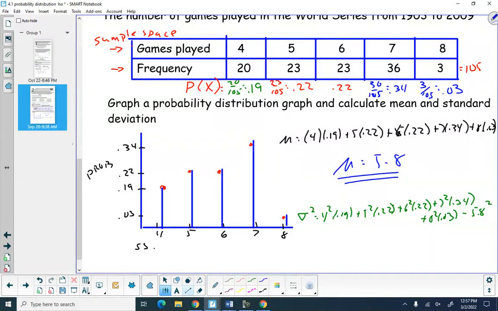This comes down to 35.04 minus 5.8 squared, which comes down to 1.4. And then the standard deviation is the square root of 1.4, which is 1.2.